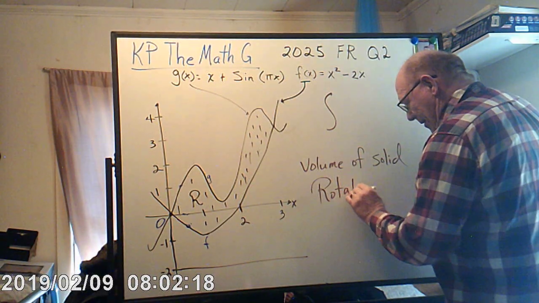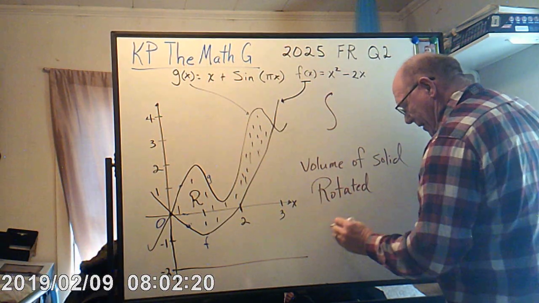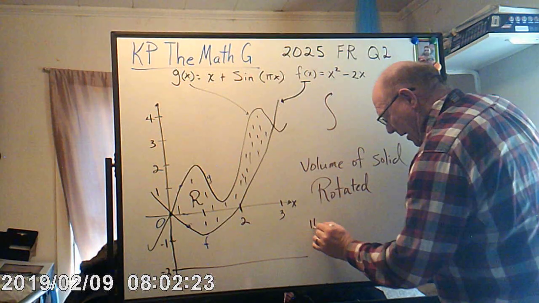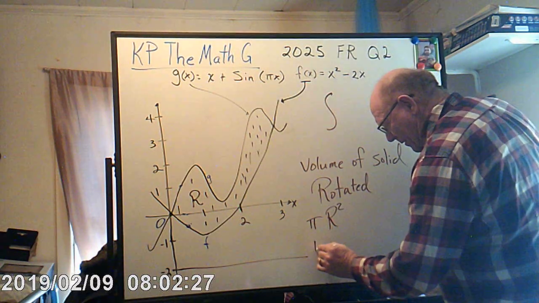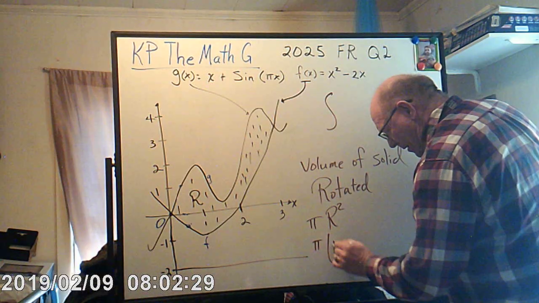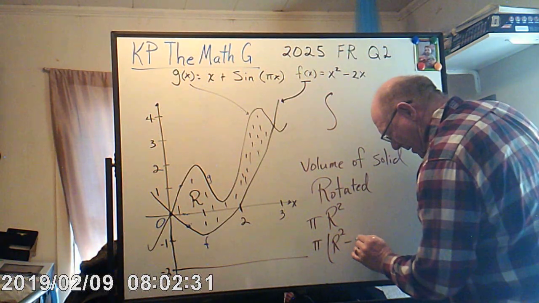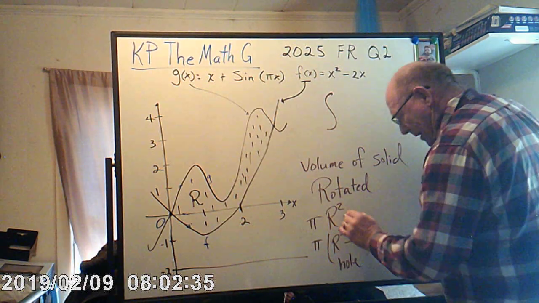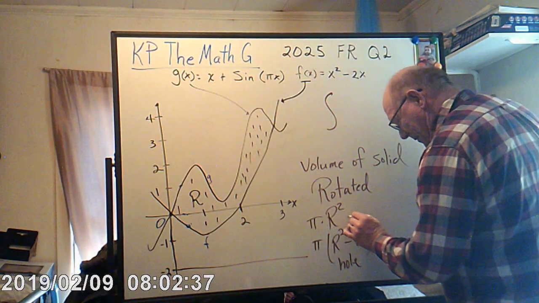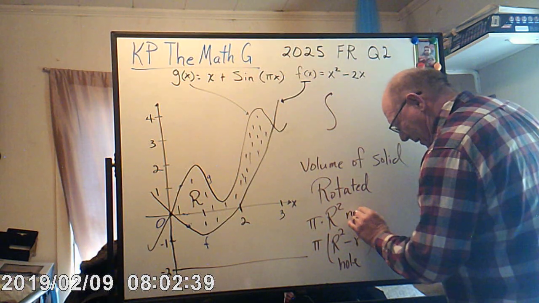Now, when I see the word rotated, I'm looking for pi r squared, or I'm looking for pi big R squared minus little r squared. This is if I have a hole here, and this is if I don't, no hole right here.